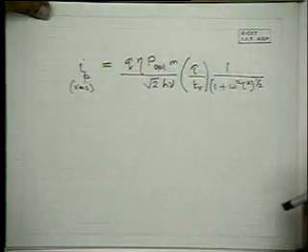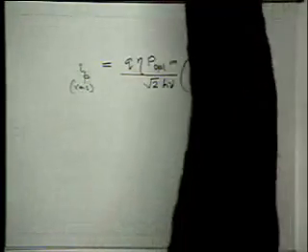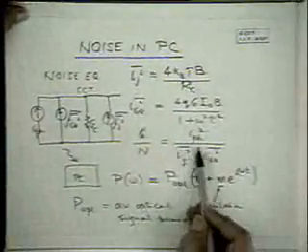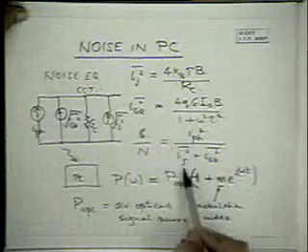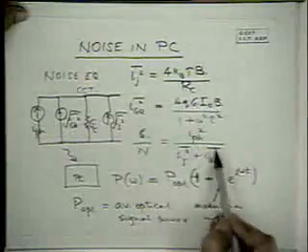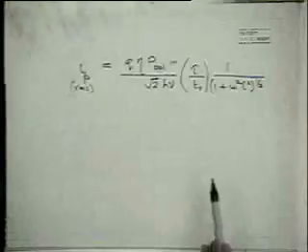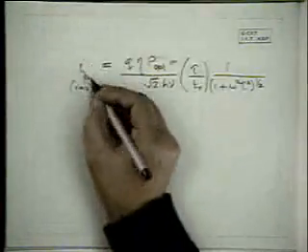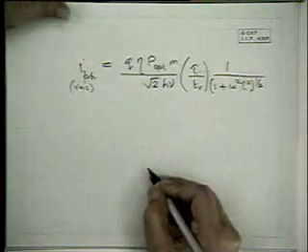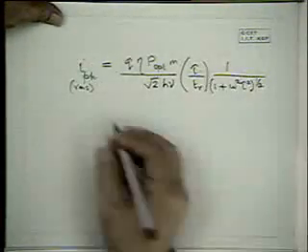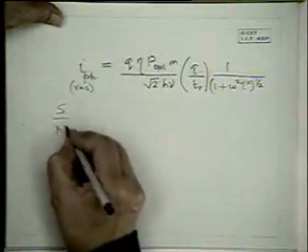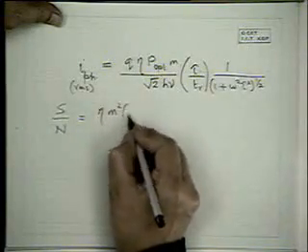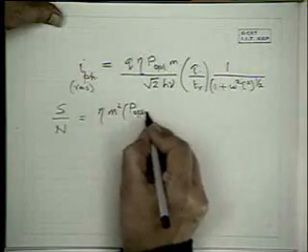So we want to calculate the signal to noise ratio. We know what IJ squared is. We know what IGR squared is from this. We know what IP, or IPH, is. And if we put them all together, we get the signal to noise ratio is eta M squared P opt by h nu.